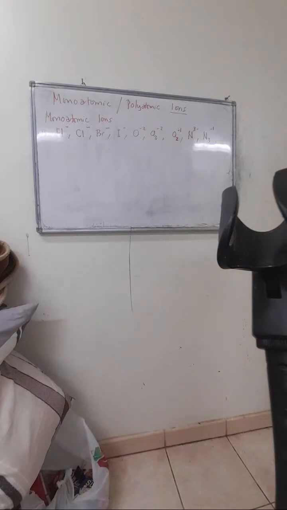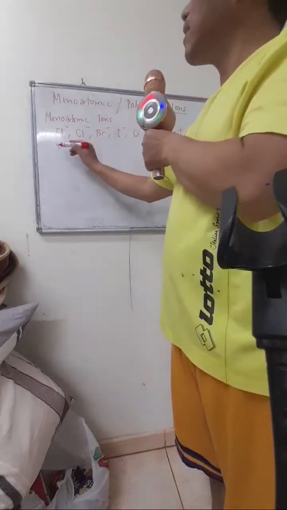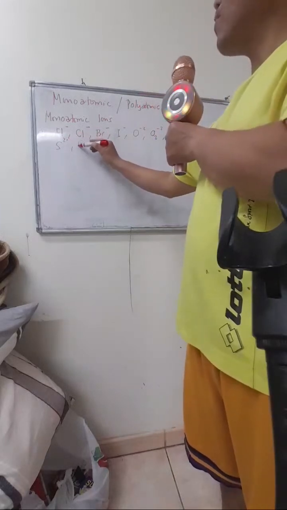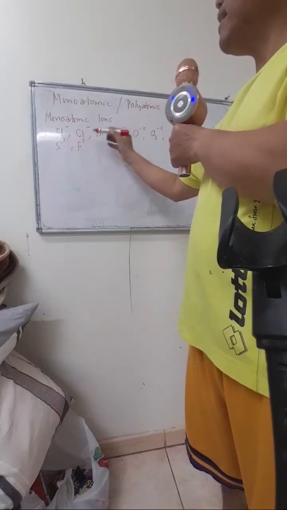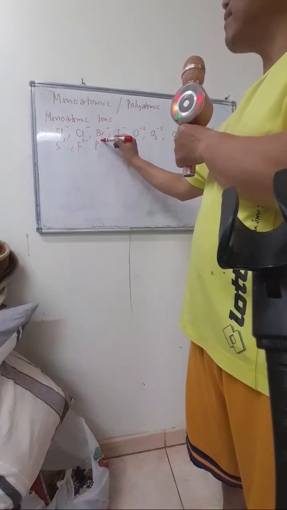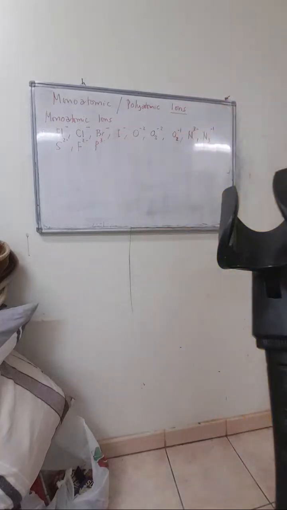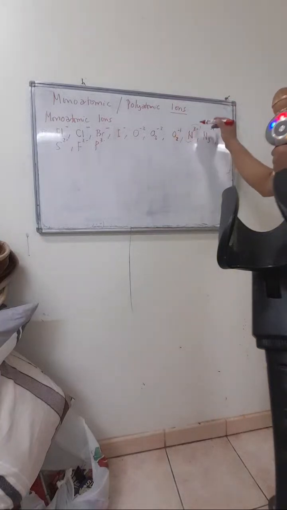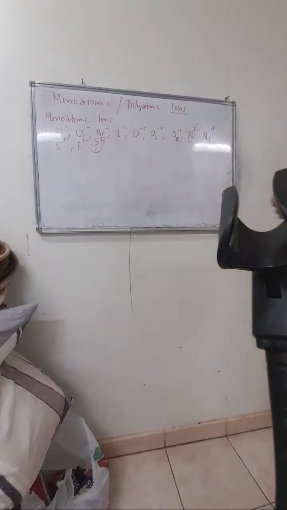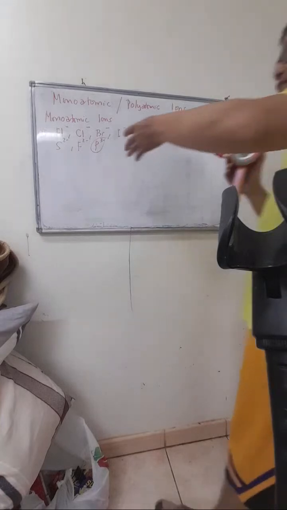Sulfide, 2 negative. Phosphide, 3 negative. Put in your brain cells that nitride and phosphide have the same -3 charge, because it will confuse you with sulfide somewhere along the way.